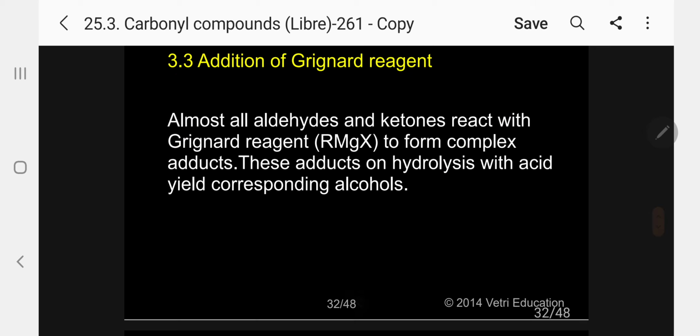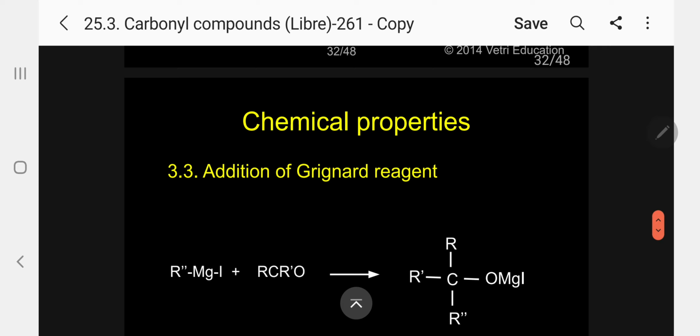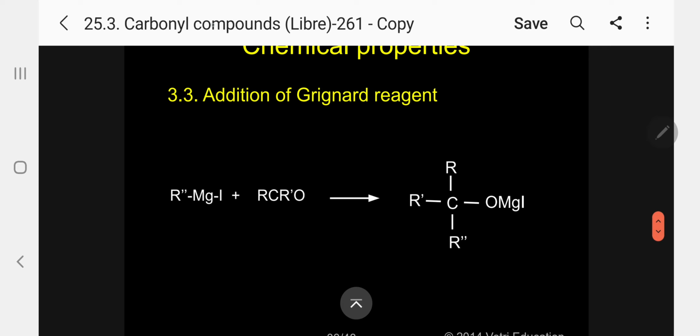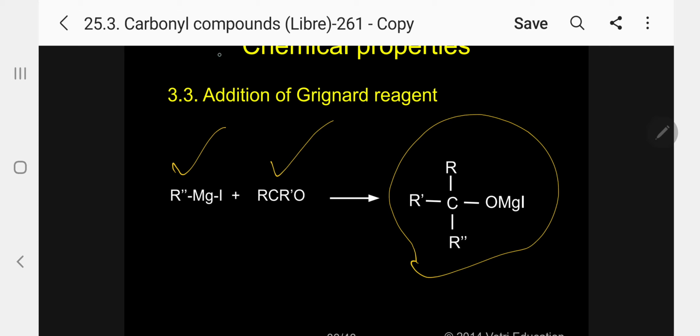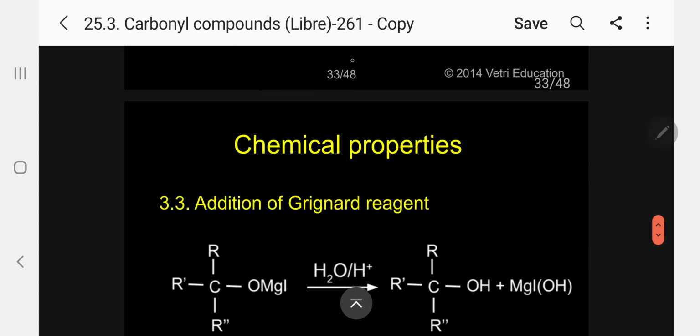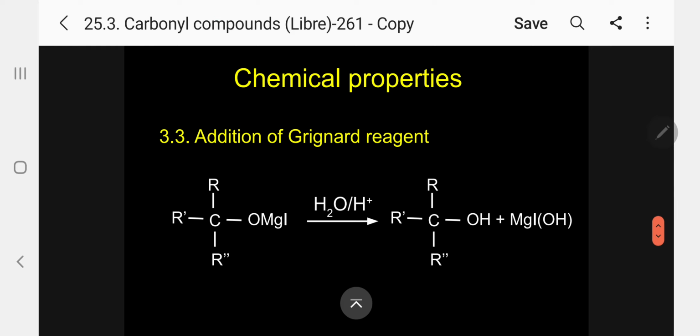Kindly follow. This is the general aldehyde or ketone. This is the general Grignard reagent producing this intermediate. This intermediate correspondingly undergoes hydrolysis producing this alcohol.